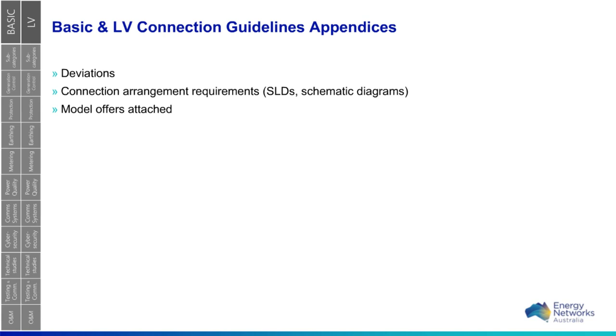The appendices would also include connection arrangement requirements, so possibly sample SLDs or schematic diagrams, as well as model offers or standing offer agreements or equivalent. I think it would really help proponents find those documents in an easy way.